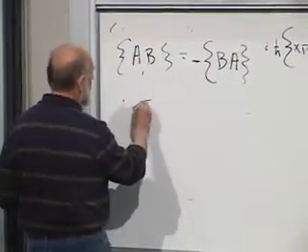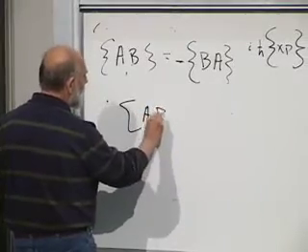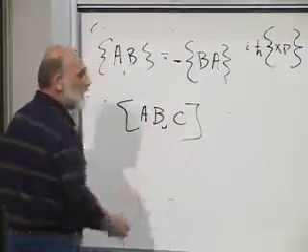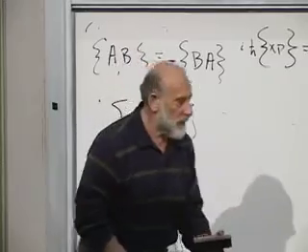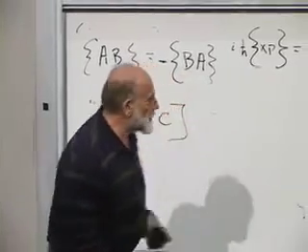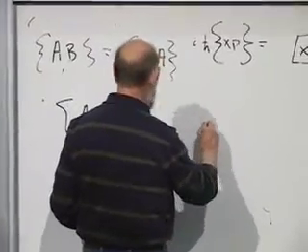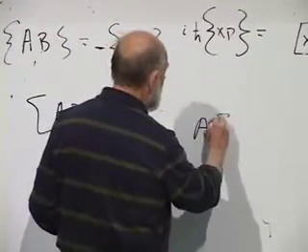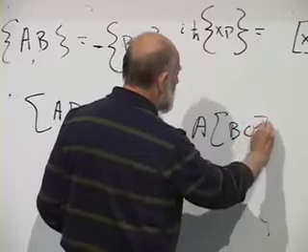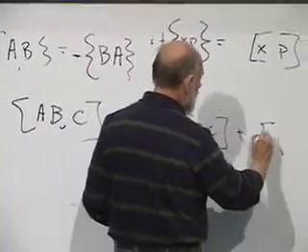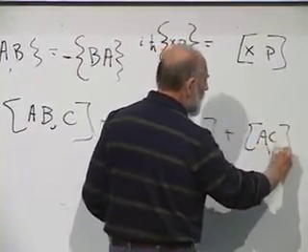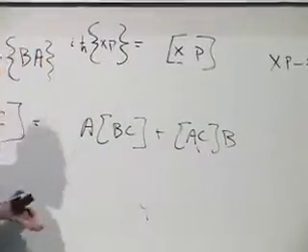All right, so let's take AB commuted with C. Same operation except in terms of commutators. This would suggest that it's given by A commutator BC plus commutator AC with B. Is this true or is it not true?